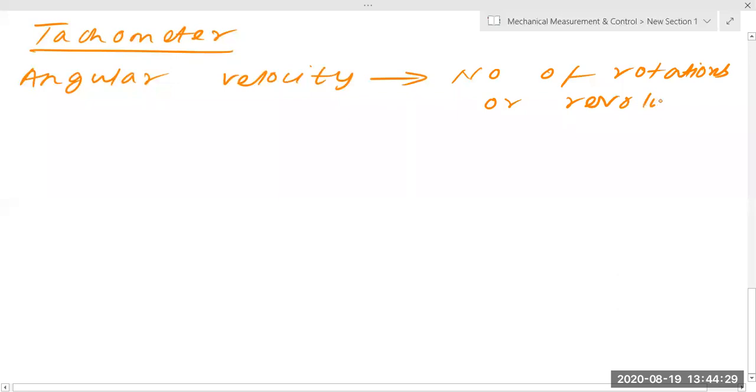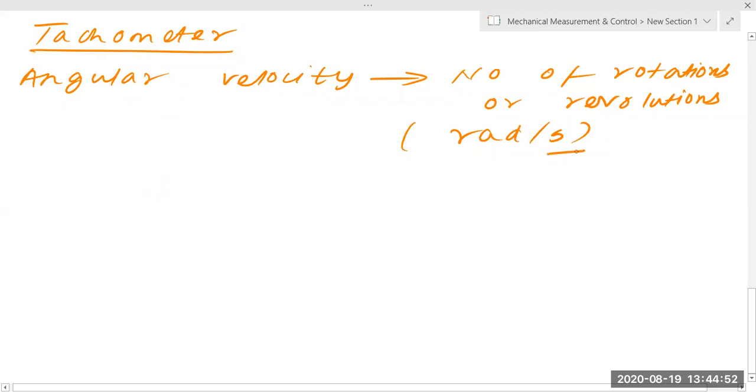And this is actually measured in radian per second. Very nice. So this is the definition. When we are going to measure anything with some measuring instrument, we have to look into two things. First is time.